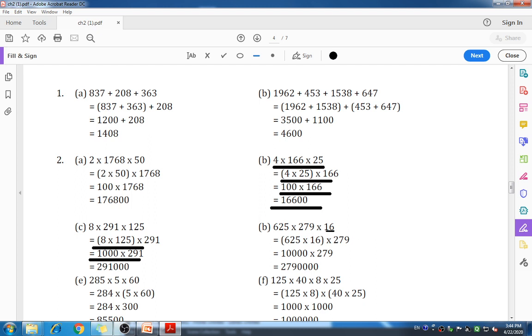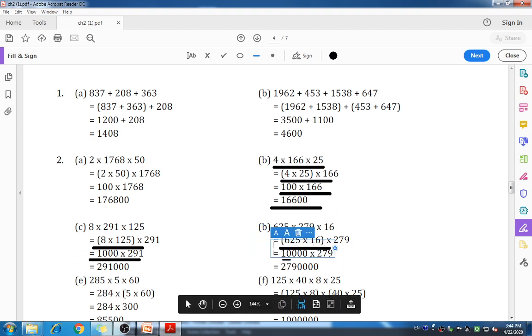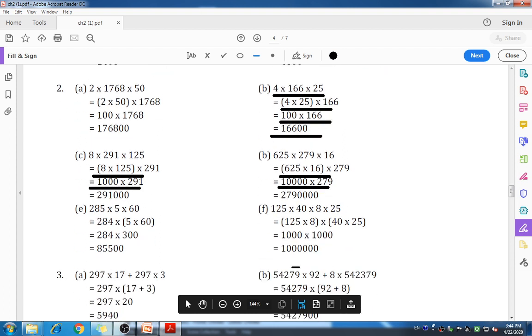So if I multiply 16 by 625, I get the answer 10,000, and if I multiply this 10,000 by 279, I get the answer 27,90,000. The next question, 285 into 5 into 60. Look here.